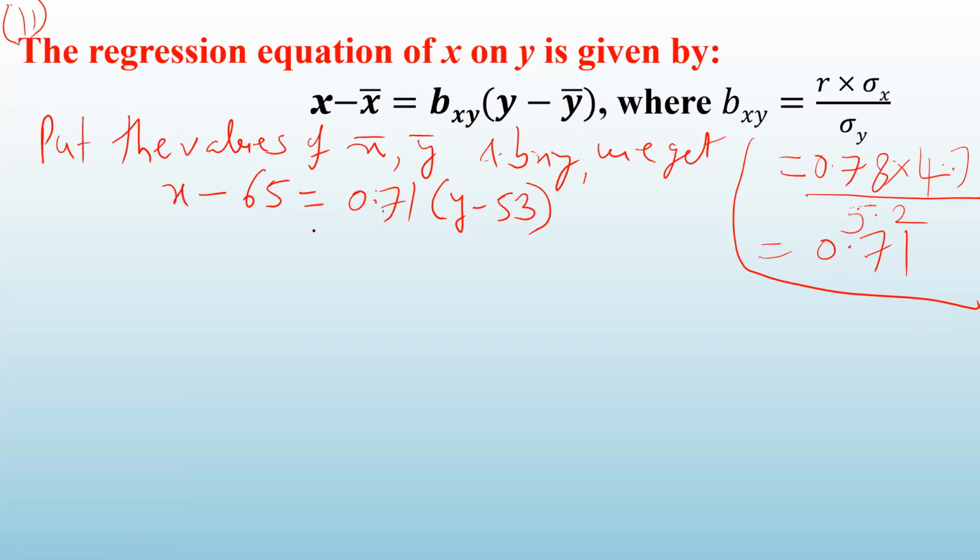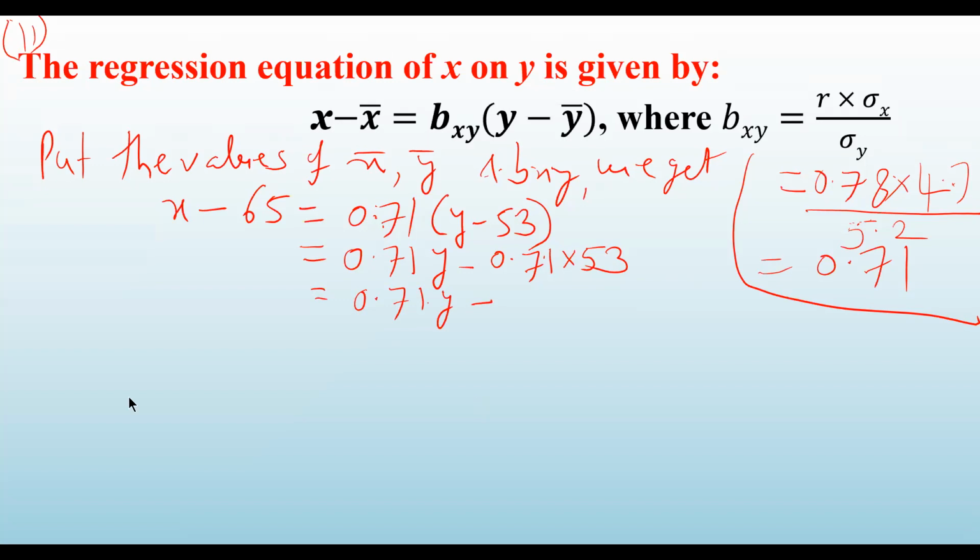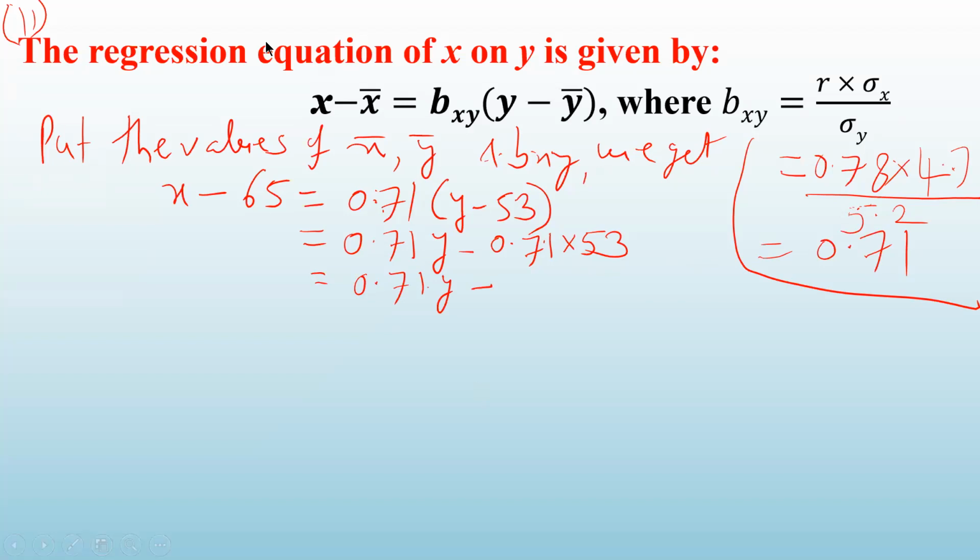So this is equal to 0.71 into y minus 0.71 into 53. 0.71 multiplied by 53 gives you 37.63. So it is 37.63, and here it is x minus 65.